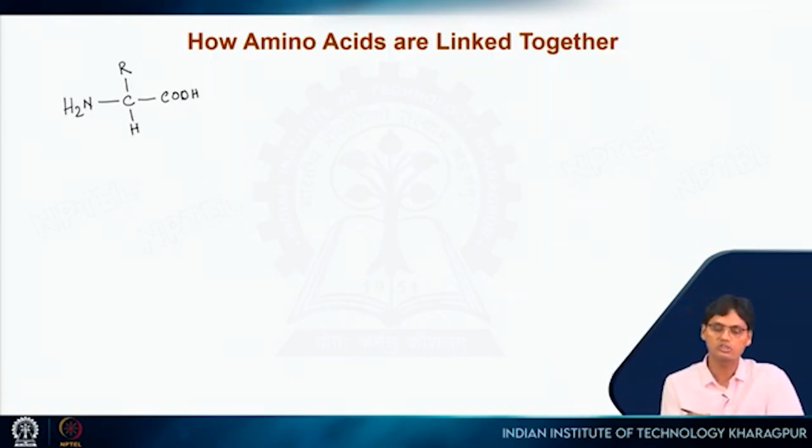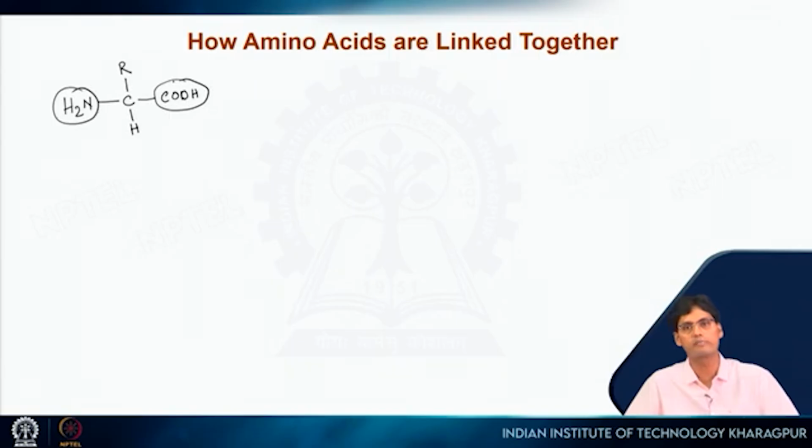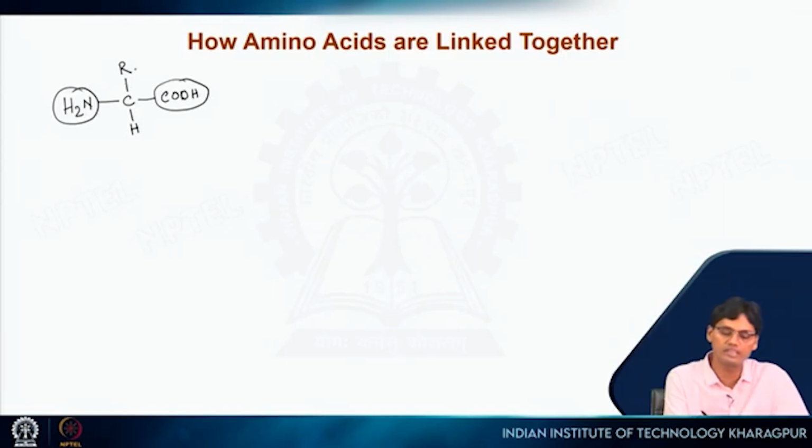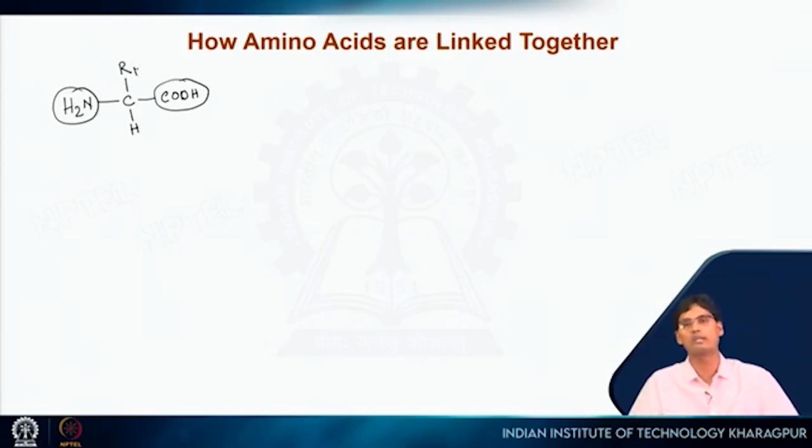That's why it is called amino acid: both the amine and the acid group are present. Now we have 20 different types of side chains. For example, if I put here R1, this is one specific type of side chain, and that designates a particular amino acid.